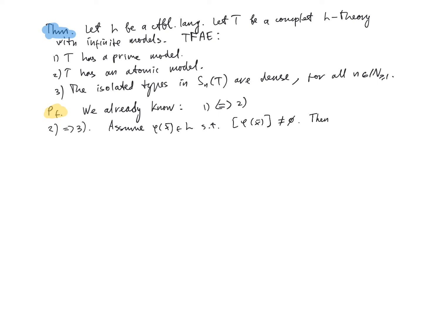Then we want to show that this basic open set, square brackets phi, contains an isolated type. So this is what we want to show. Towards this purpose, let M be an atomic model of T.